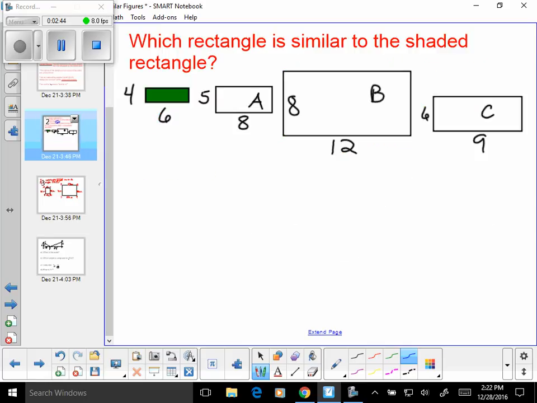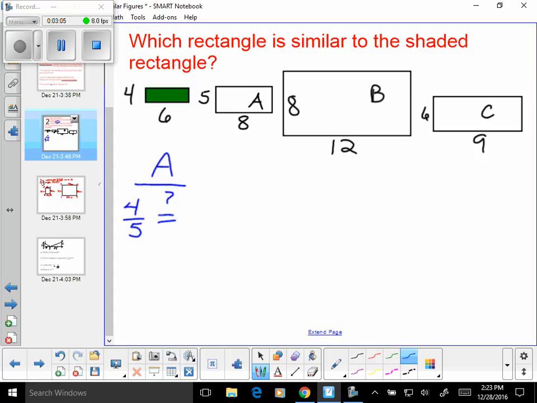So what I'm going to do here is check out each rectangle. I'm going to start with A. Again, I need to make corresponding sides, so I'm not going to go 4 to 6. I'm going to go 4 to 5, because the 4 and the 5 are corresponding. They're both vertical, and they're both the shortest sides of the rectangle.